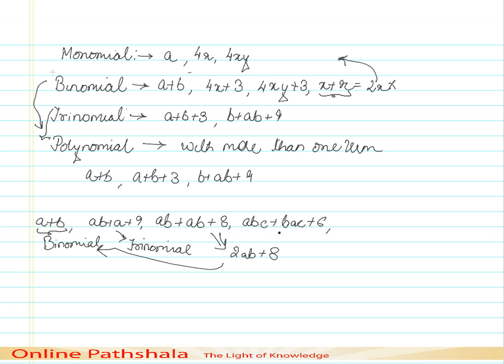Same way this expression becomes a binomial because of the like terms ABC and BAC. The manner in which the product is formed, ABC or BAC, does not matter because both of them have the same algebraic factor ABC. So this gives you a clear idea how we can distinguish between a monomial, binomial and a trinomial.